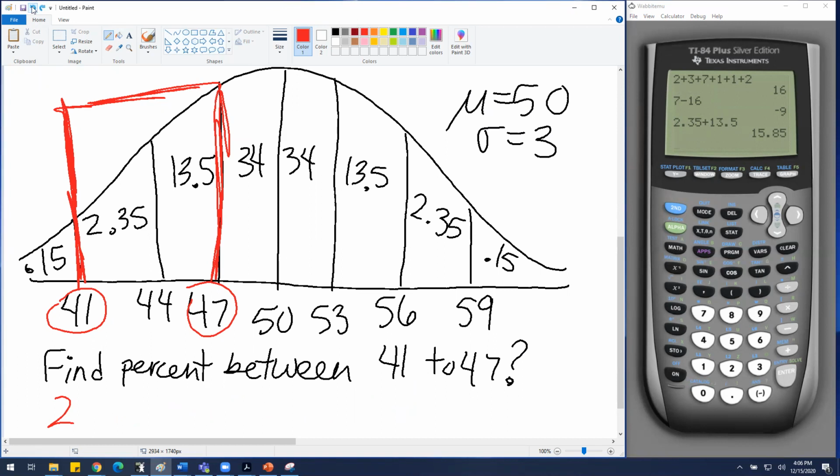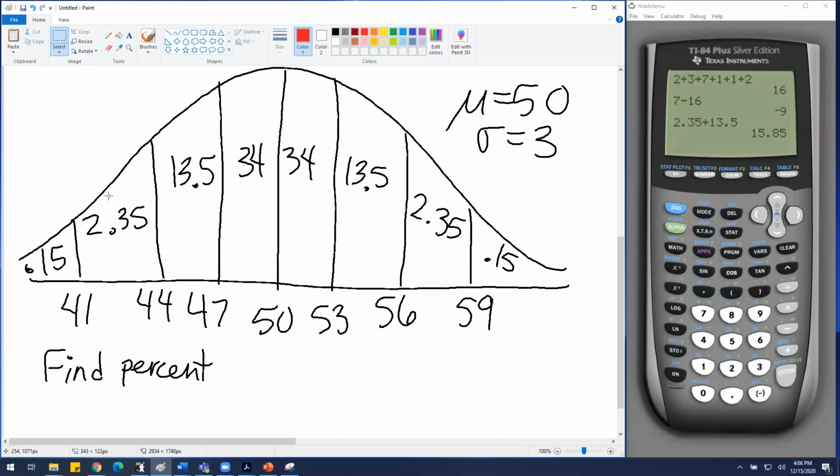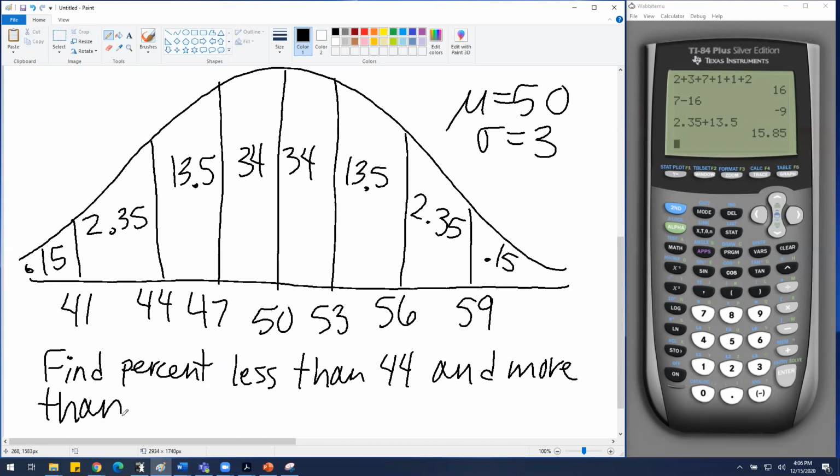What if they change the value? And instead of finding between, they could ask you to find the percent less than 44 and more than 59. So let's highlight our numbers. So 44 is here.